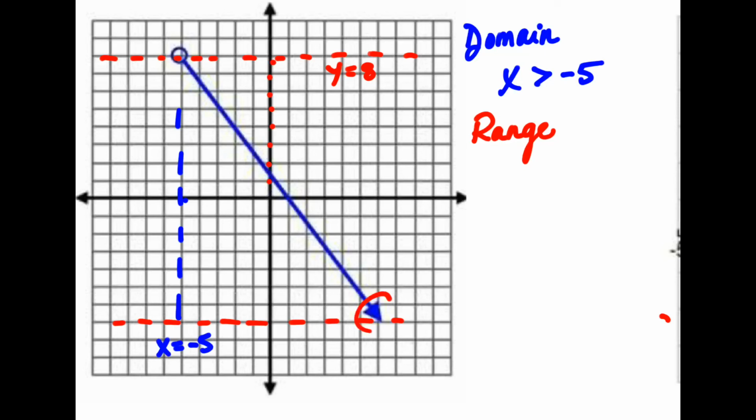Can't be done because this line is just going to keep on going down to all of the y values that head toward negative infinity. So I'm going to undraw this line because it's not correct. So that means that my y values are all less than this y equals 8. So y is less than, and does not include, 8.